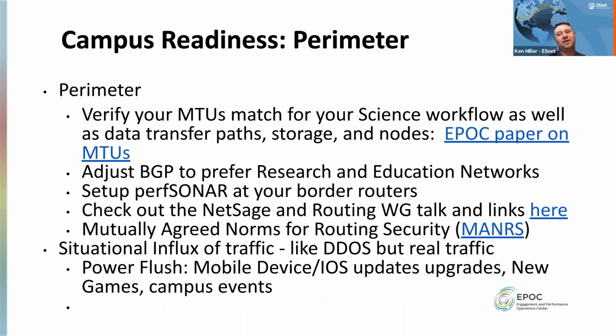So you are preferring ESnet or Internet2 first, or your regional network first, and then your commodity network second, or you have a BGP policy that's reviewed at least once a semester. I would probably say quarterly. That way, if you review it halfway through the semester, you're at least prepared for what you're going to do during the next break, and then at the next break, you check it again. BGP policies are becoming a big deal because so many resources providing information are connected to the network.